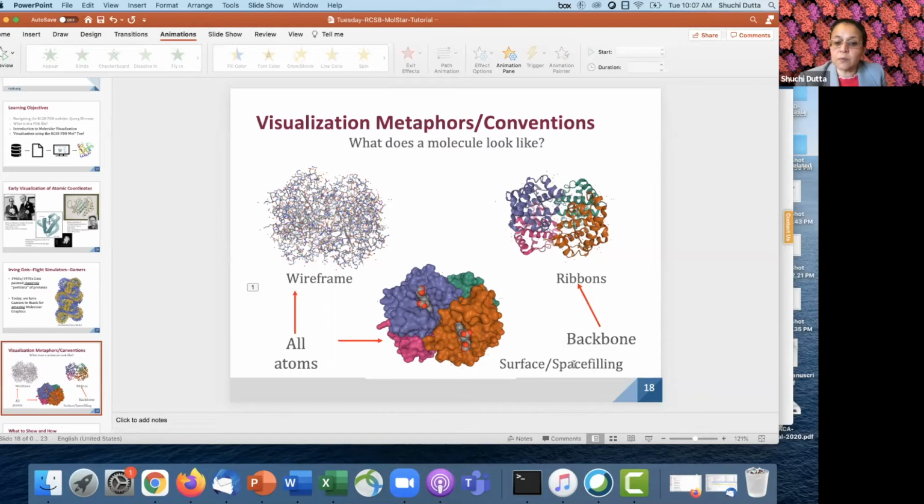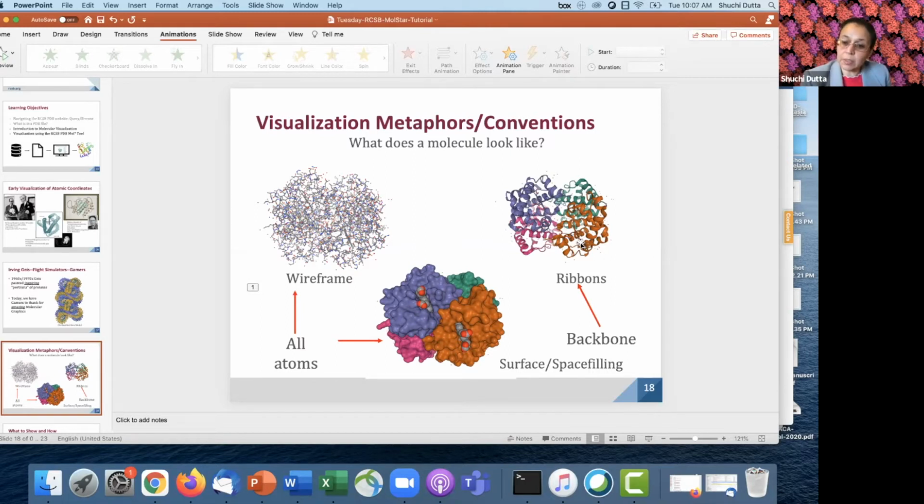So this surface and space filling view gives you a different understanding of this particular protein. These two representations are showing all atoms. This one is only showing the backbone and of course the ligands.